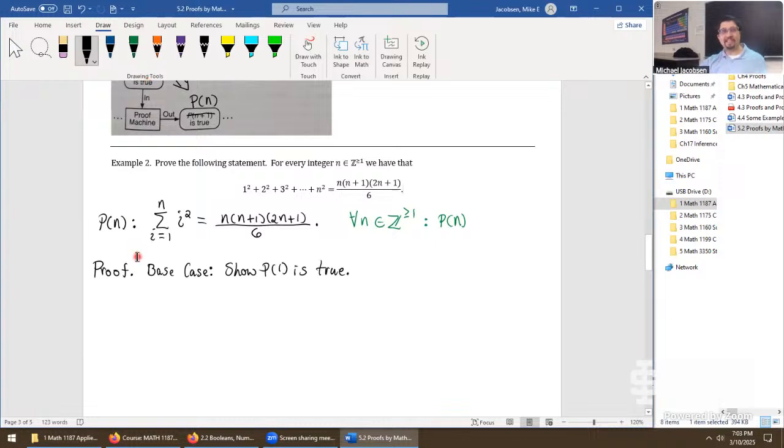Okay, the proof is written in a slightly different way. We said base case P instead of step 1, and we're just being really terse, saying what we want to do. If we're going to show P of 1 is true, then we'll say, if n is 1, look into both sides of the formula independently. First, there's the left-hand side of the formula, and we can say summation i goes from 1 to 1.